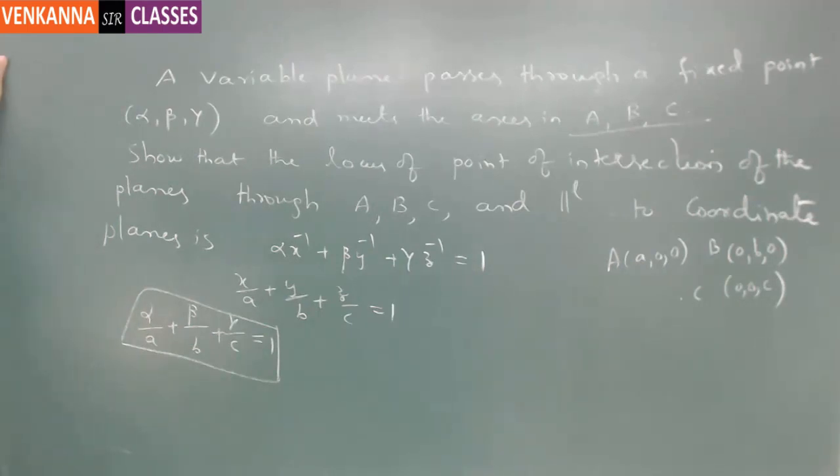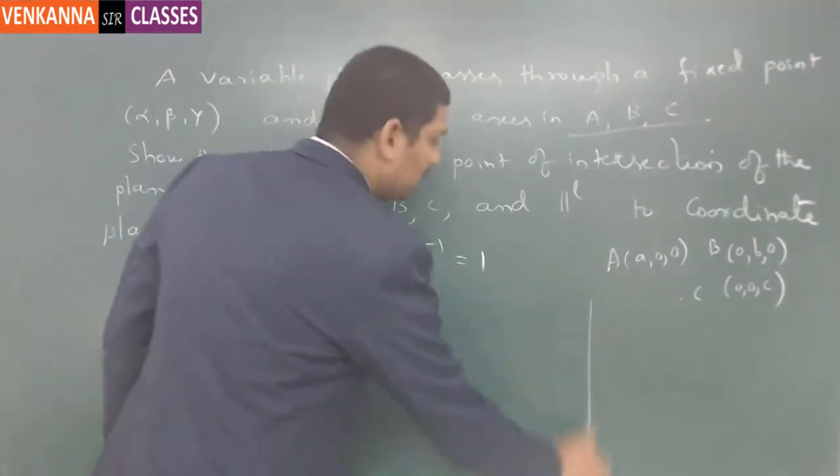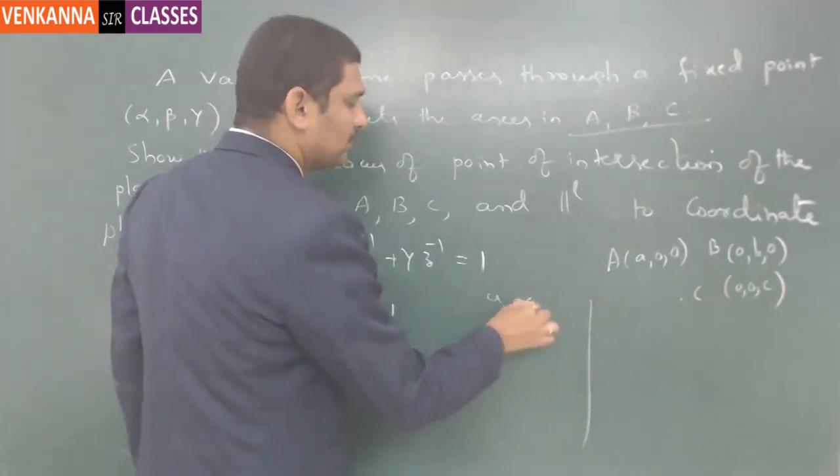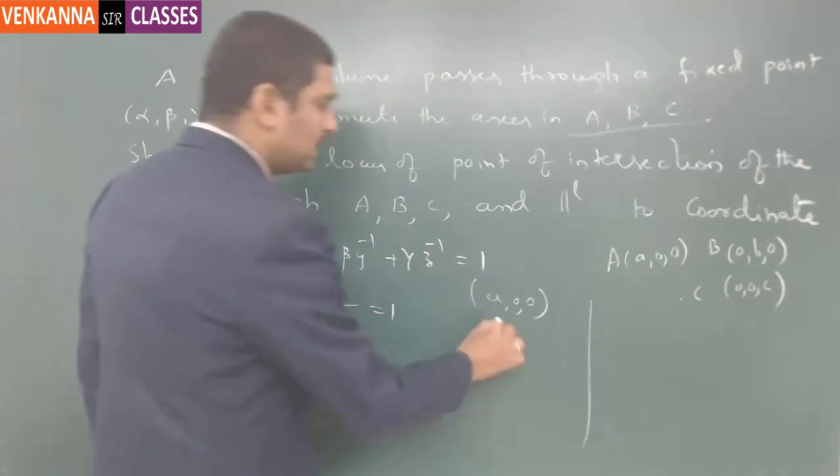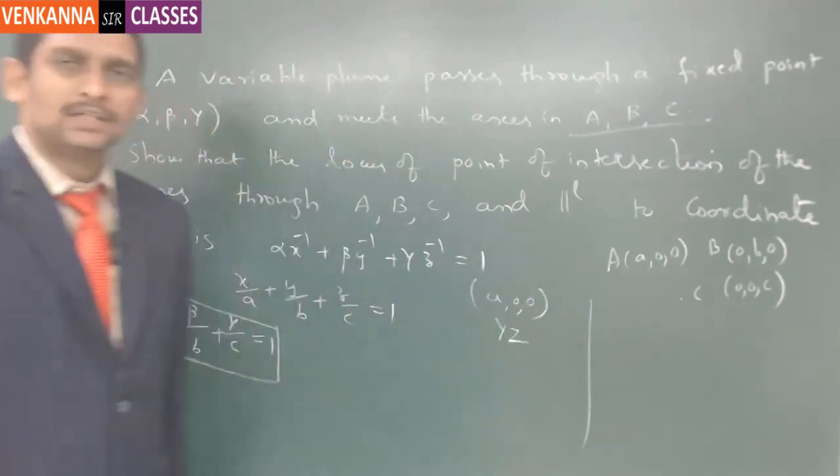Any doubts to anyone? Right. For the second part, we exactly take a copy and paste of the previous problem. I have bifurcated the three cases: passing through the point (A, 0, 0), parallel to the coordinate plane, the YZ plane.